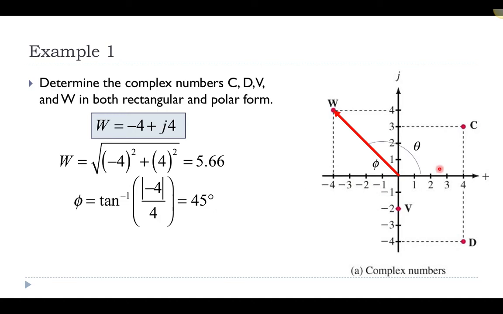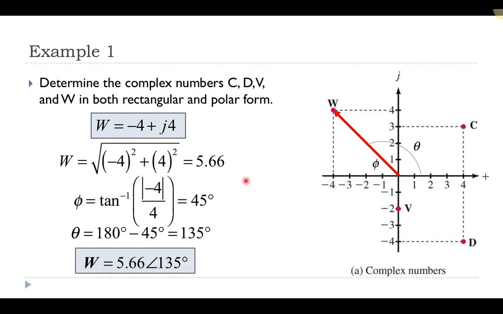So the actual angle I'm interested in is this angle here, and of course this angle would be 180 minus 45, which is 135. So the complex number w should be represented as 5.66, and the angle would be 135 degrees. So be very careful. It's a good idea to draw a little picture of your complex number if you're not sure, so that you know which quadrant it's in.